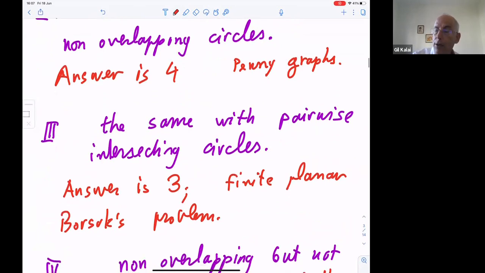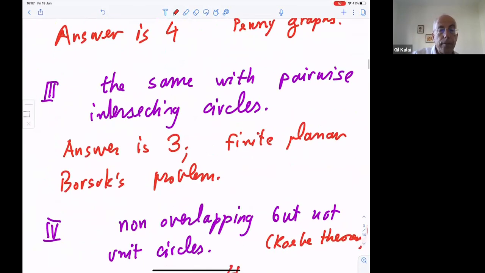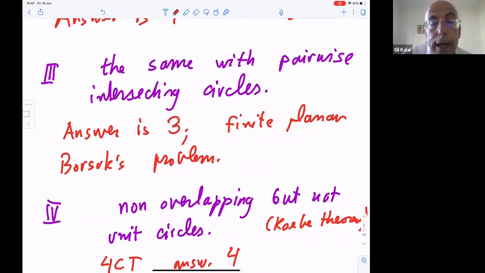The reason I talked about general circles and not only about unit distances is that we can change this problem to consider circles with different radii. So the next question is similar to the penny graphs, but this time we allow non-unit circles, non-overlapping circles of arbitrary radii.